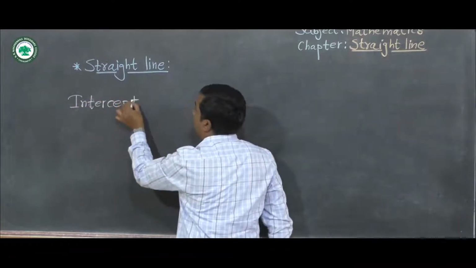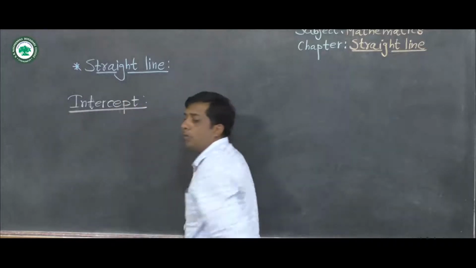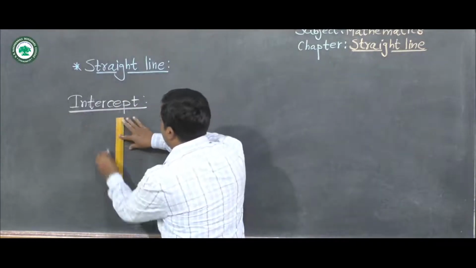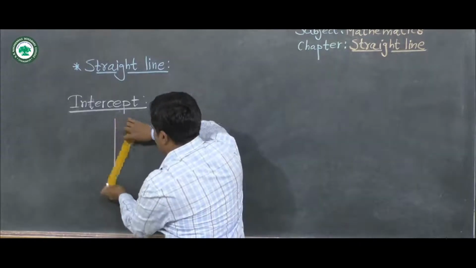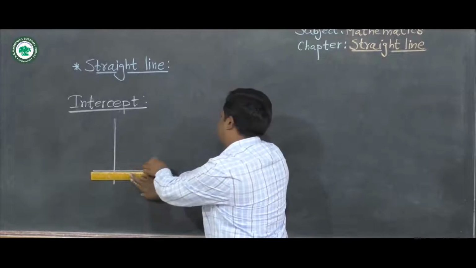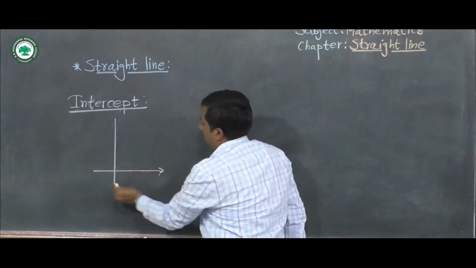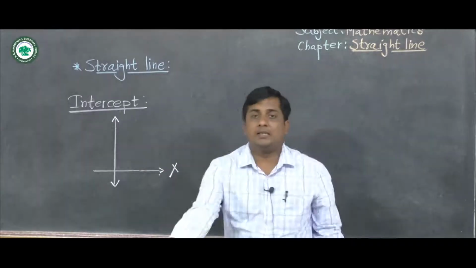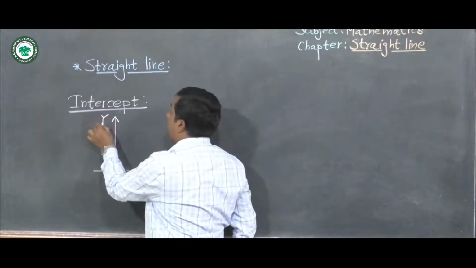To define the intercepts, we consider one figure, that is the coordinate axis. This is our x-axis, then this is our y-axis.